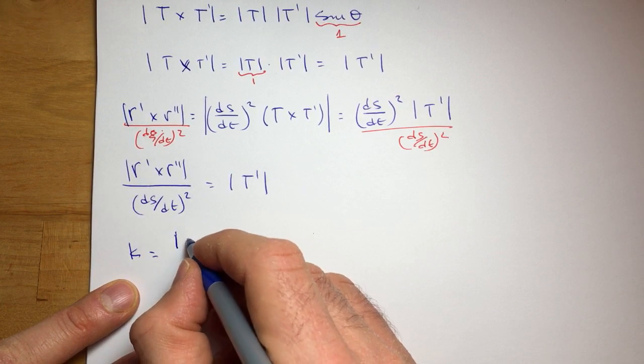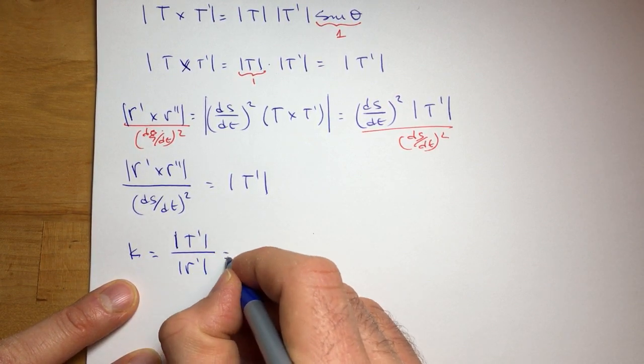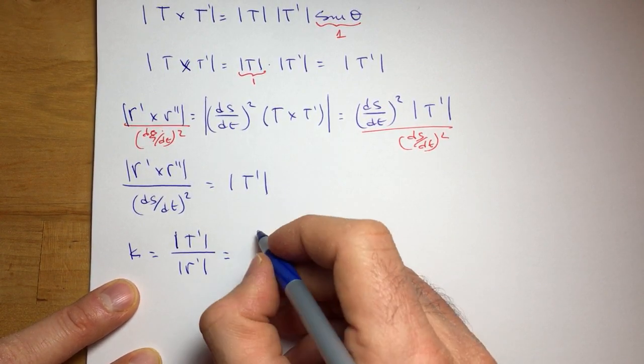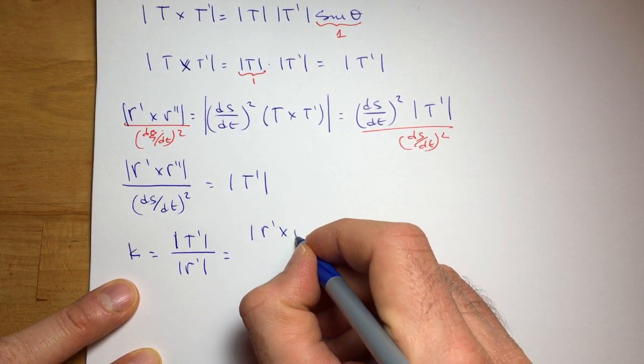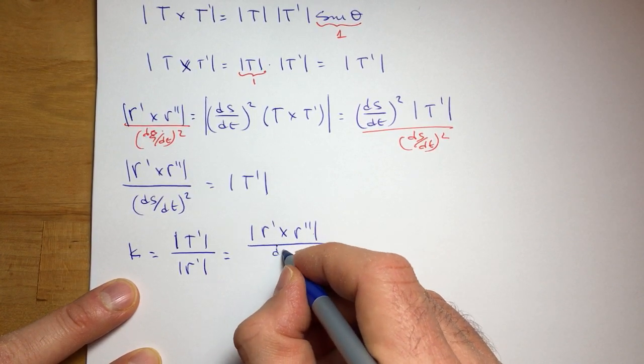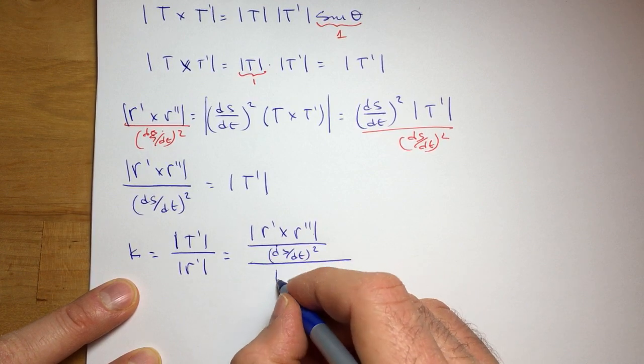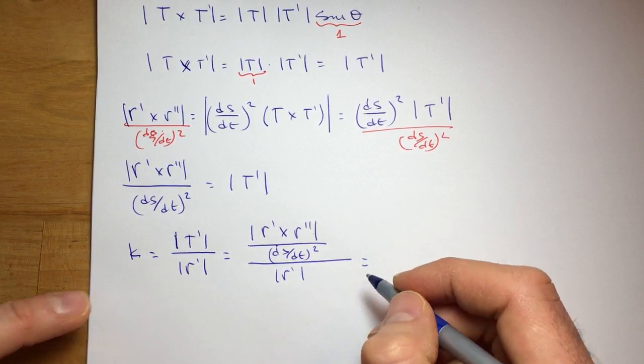That's the magnitude of T prime over the magnitude of r prime, where T prime is equal to the magnitude of r prime cross product r double prime over (ds/dt) squared, all over the magnitude of r prime.